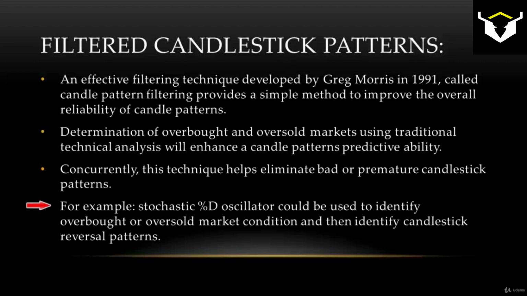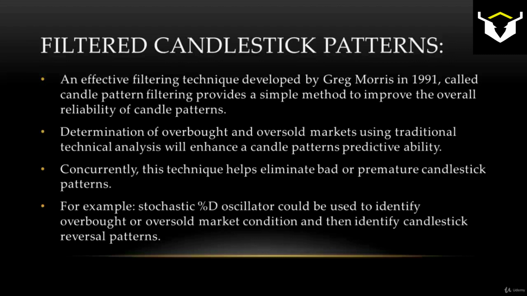For example, the stochastic percentage D oscillator could be used to identify overbought or oversold market conditions and then identify candlestick reversal patterns. We have already seen this in a previous part when I showed you how reversal patterns could be used along with overbought and oversold market conditions to eliminate premature reversal patterns and help identify patterns that are occurring at a ripe time.